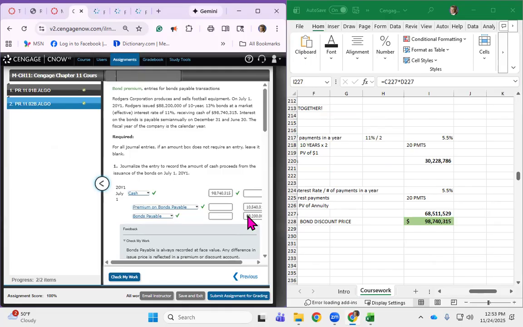If the contract rate is the same as the market rate, it sells at its face, so you don't have a discount or a premium to mess with, which is even easier. But that very rarely happens, unless the bond is issued immediately when the interest rate changes.